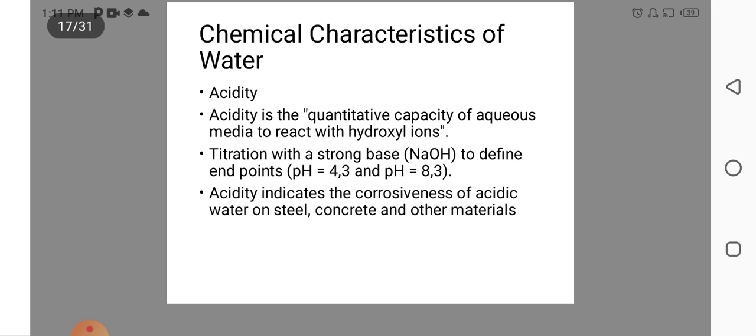Acidity. Acidity is the quantitative capacity of aqueous media to react with hydroxyl ions. Titration with strong NaOH defines the end point pH values of 4.3 and 8.3. The acidity index indicates the corrosiveness of acidic water on steel, concrete and other metals.